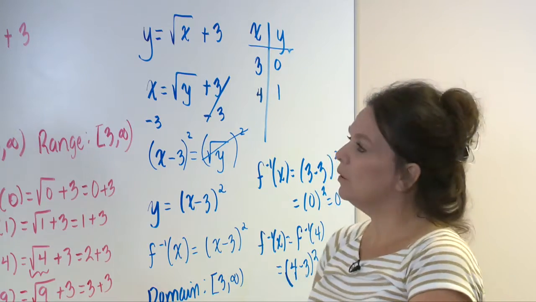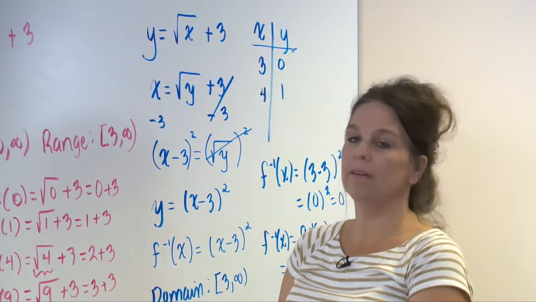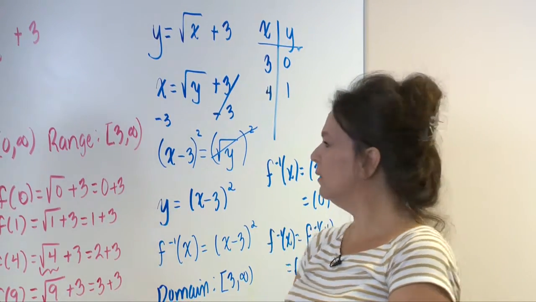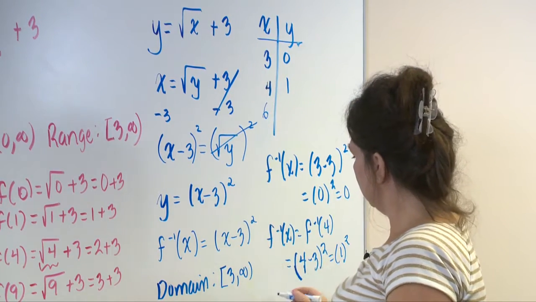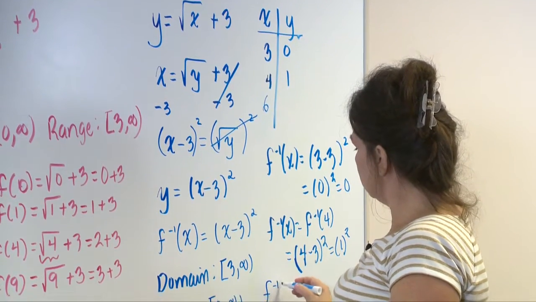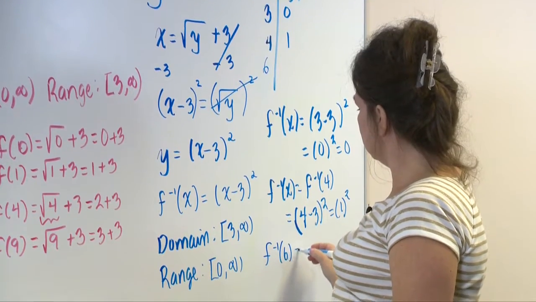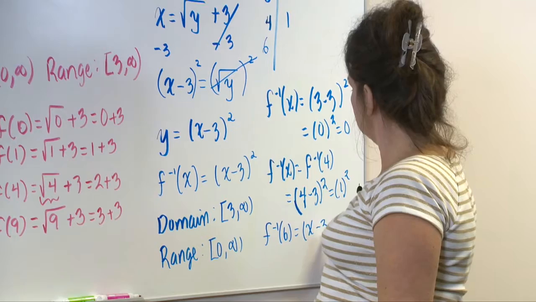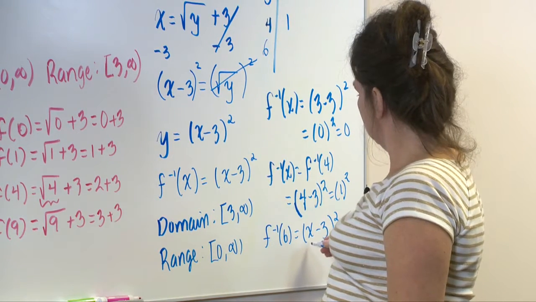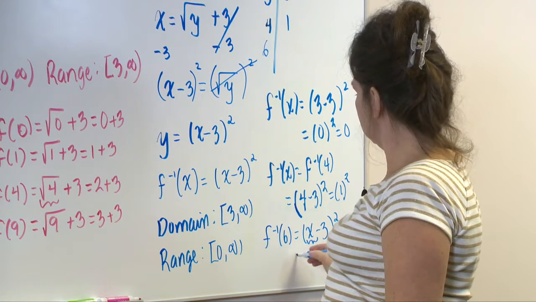For the next point, we're going to plug in a value of 6 into the inverse function. So I'll select 6. And I have f inverse of 6 is equal to (x minus 3) squared. So I'm going to replace x with 6.